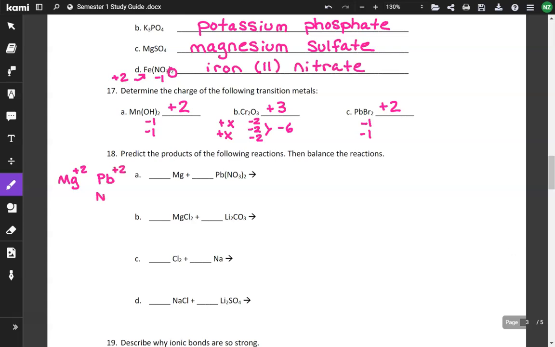And then NO3, minus 1. So this is going to be a single replacement reaction. I can't have 2 positives together, so magnesium will go with nitrate. So it'll be MgNO3, and then it'll have lead solid on the other side. Okay, when we balance, we split it into 2 sides.